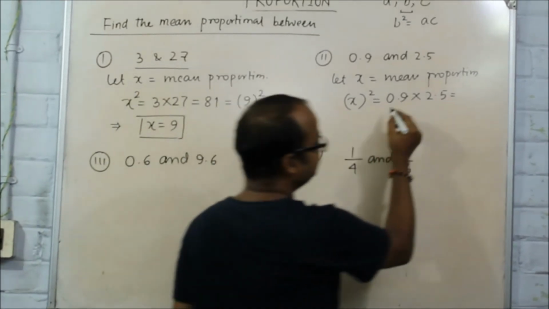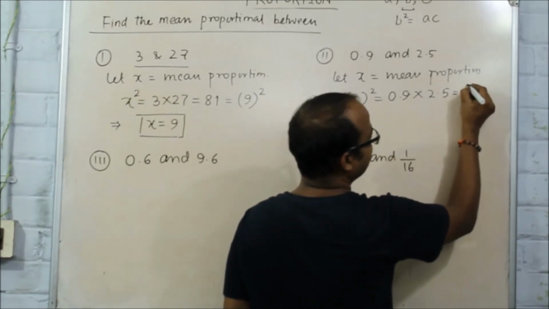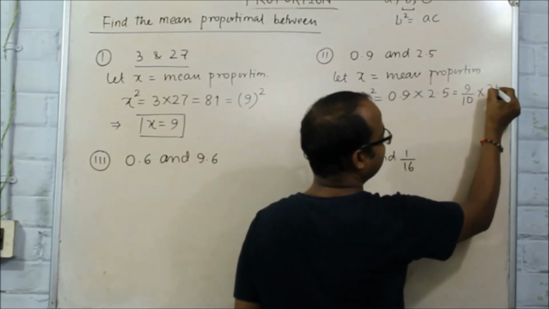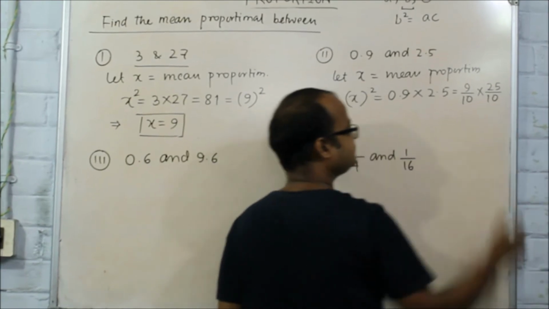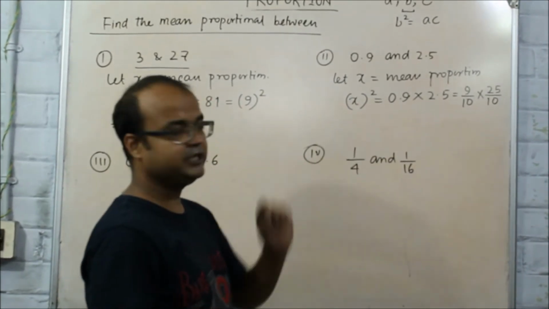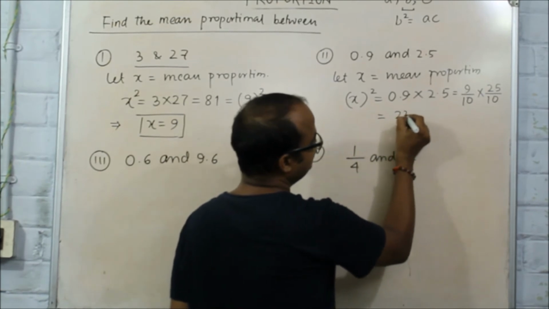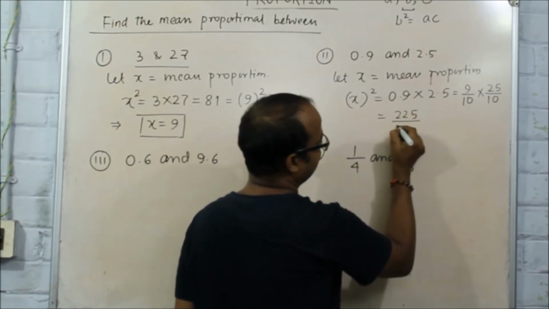Now if we convert this, it will be equal to 9 by 10 into 25 by 10. If you convert decimal into fraction, this will be equal to 225 by 100.